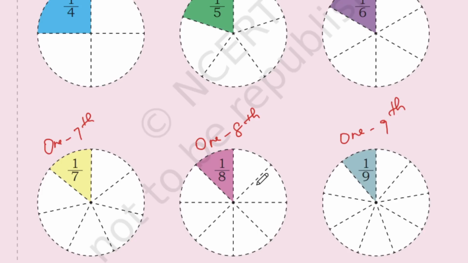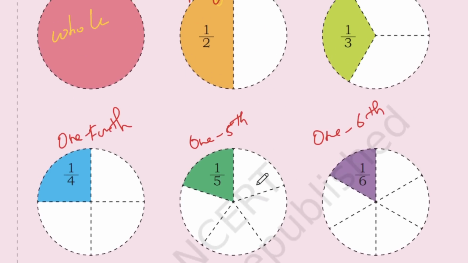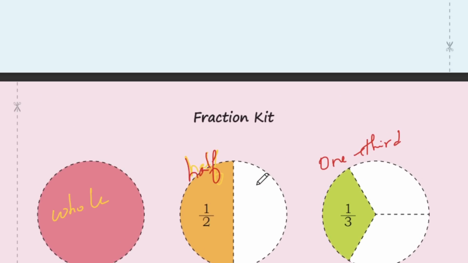The observation is that the pieces get smaller when the parts increase. The pieces are getting smaller when we divide among a number of persons. For example, in a party, if you are bringing two children, they'll be getting half portion each.